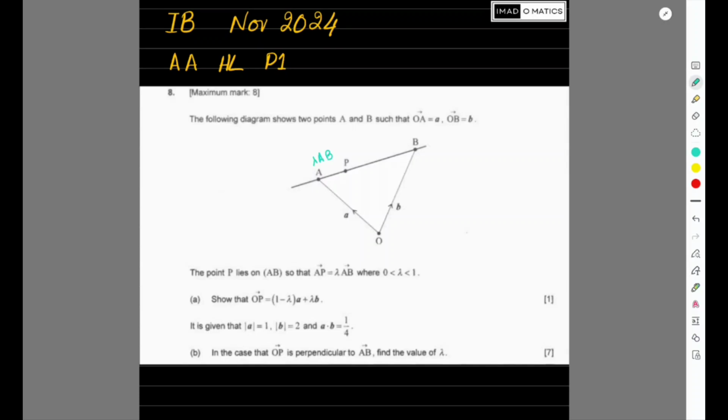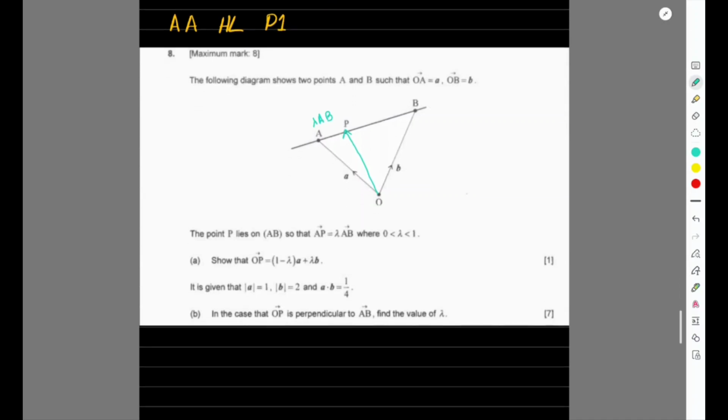So in part A, we have to show that OP is equal to 1 minus lambda A plus lambda B.